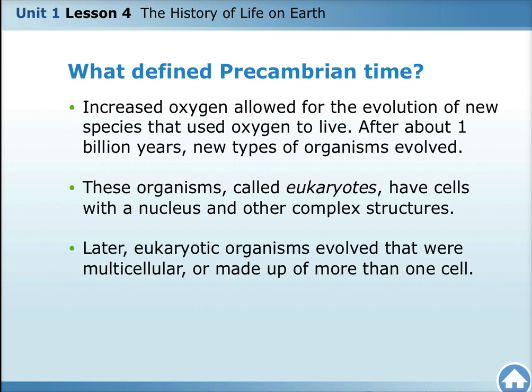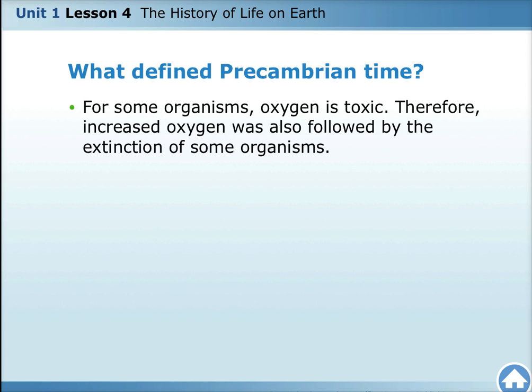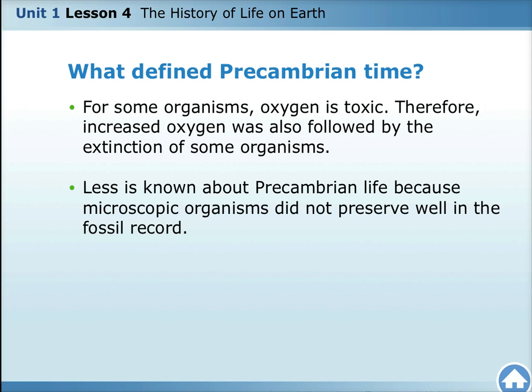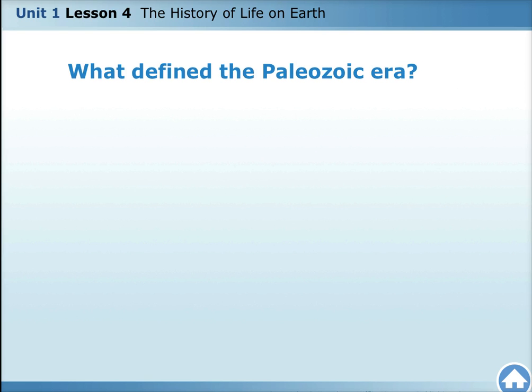Later, eukaryotic organisms evolved that were multicellular, or made up of more than one cell. For some organisms, oxygen is toxic. Therefore, the increased oxygen was also followed by extinction of some organisms. Less is known about Precambrian life because microscopic organisms did not preserve well in the fossil record.